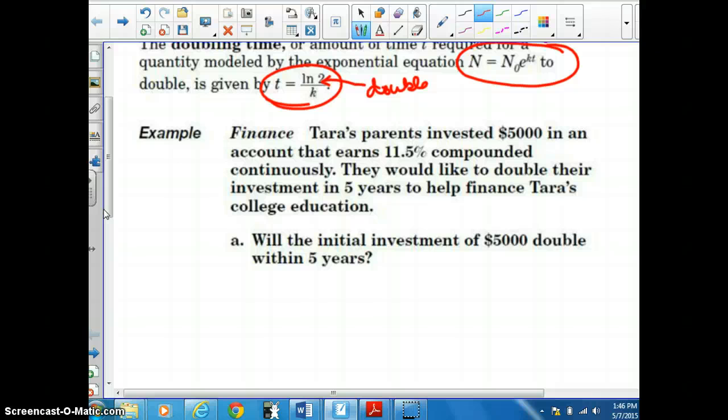We have our exponential equation, which is N equals, the basic form really. And the formula for continuous compounded interest is A equals P times e to the rt. It should look a lot like the first equation that we have here.